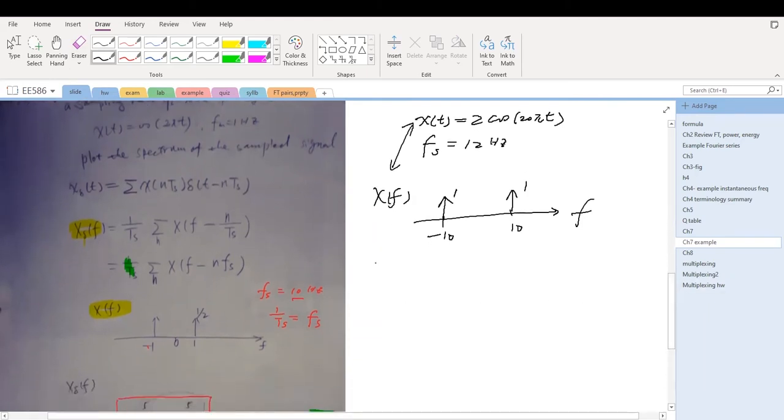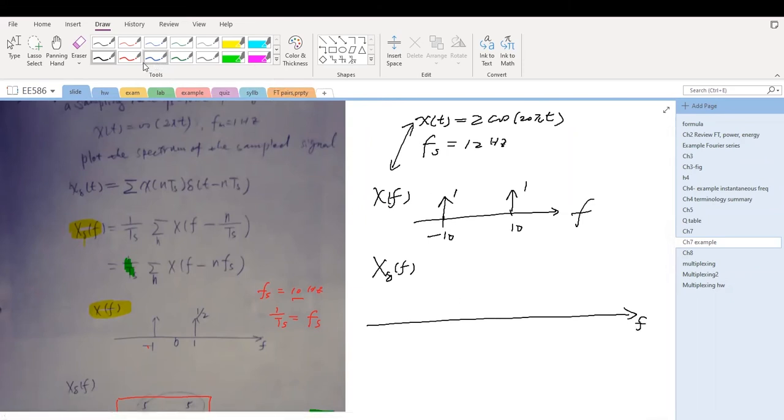Now for the spectrum of the sampled signal, it contains many copies of the original spectrum, but scaled by 1 over Ts. So 1 over Ts is 12. Therefore, we have it.